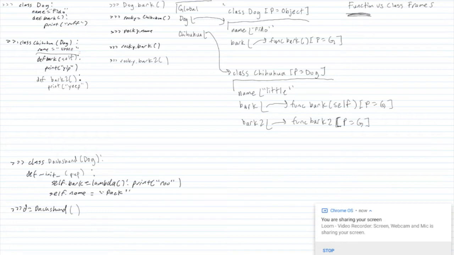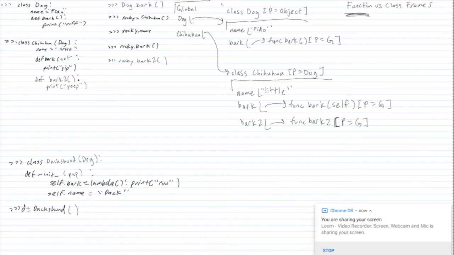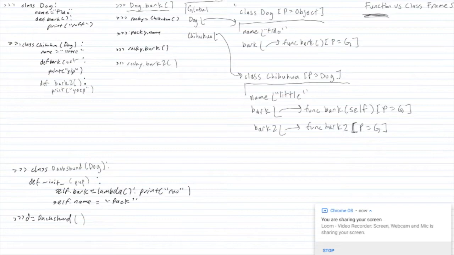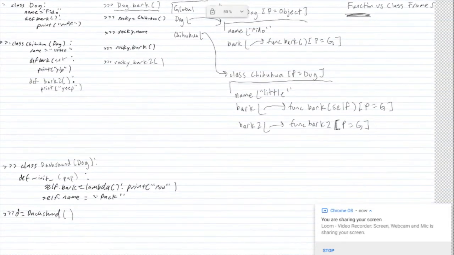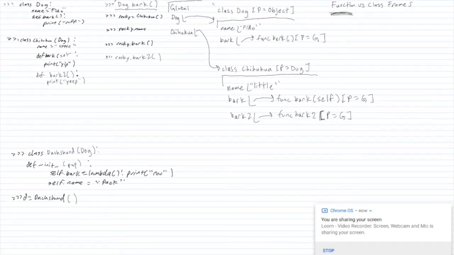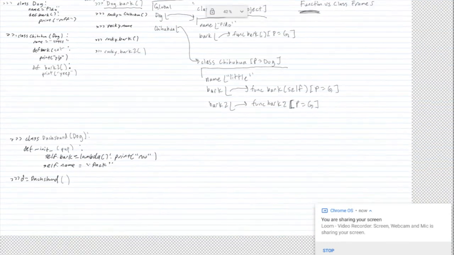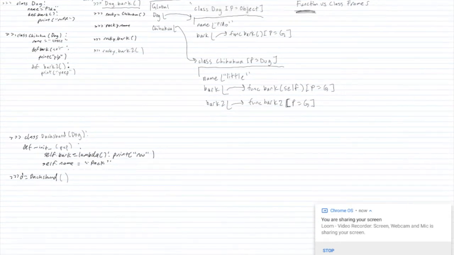Let's get into what Python would actually display. We have dog.bark. Because dog is a class, this will call the method bark as though it's a function. So we just do what we would normally do. The operator is bark.